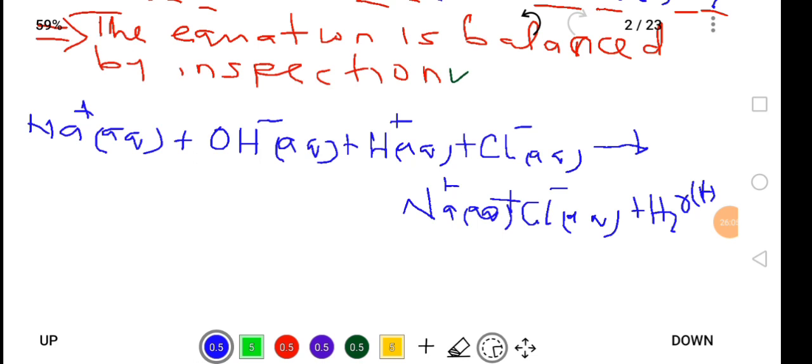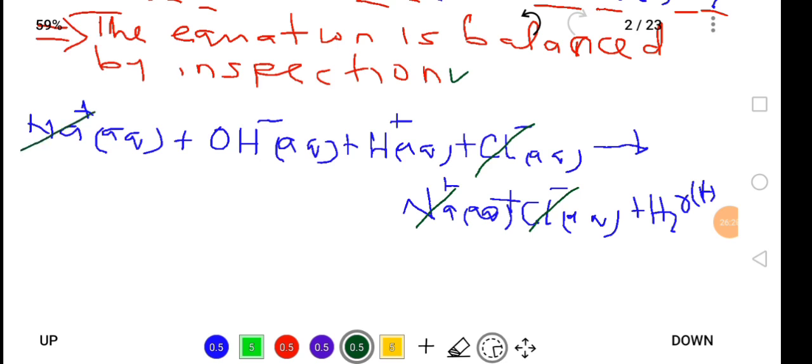On the product side, we have sodium ion, positive charge, aqueous, and the same symbol. So we are going to say these ions are spectator ions. So a chloride and a chloride will go, sodium and sodium will also go.